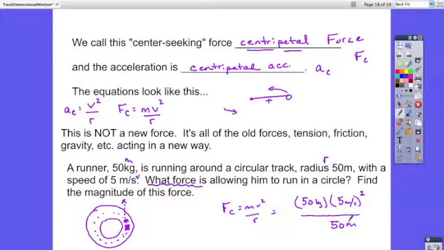Well, I don't even have to get my calculator out because 50 and 50 cancel to equal 1, and 5 squared is 25. So the answer is 25 newtons. If it had asked for acceleration, we would have just done v squared over r. Centripetal force is m v squared over r. Centripetal acceleration is just the v squared over r part.